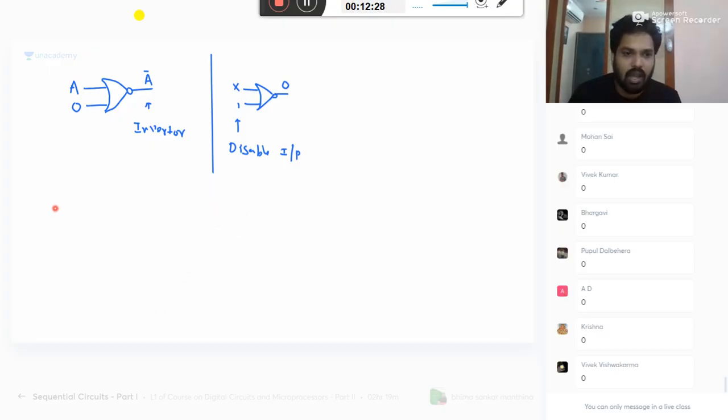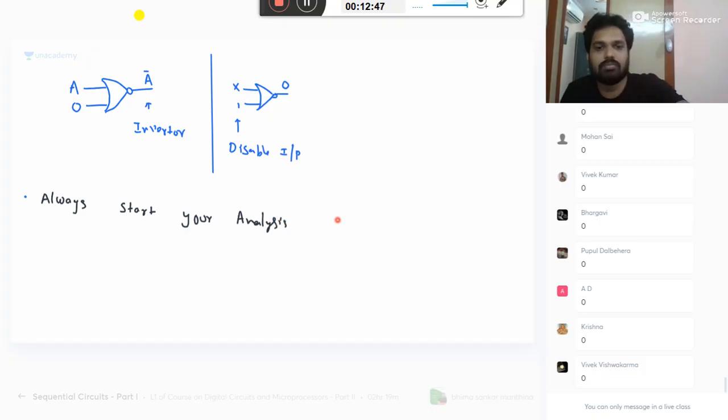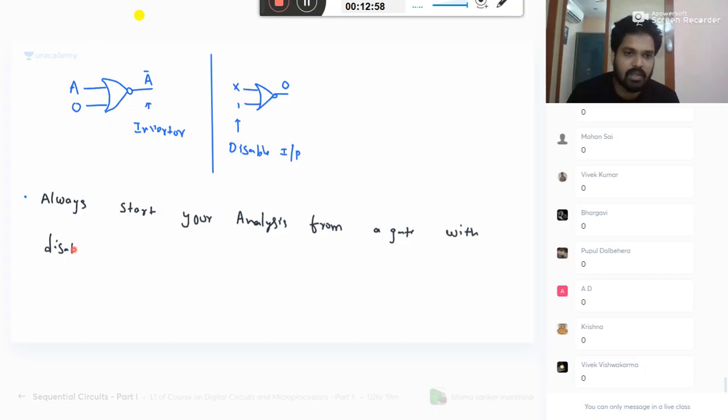Here I will give you one important note. Always start your analysis from a gate with disable input.